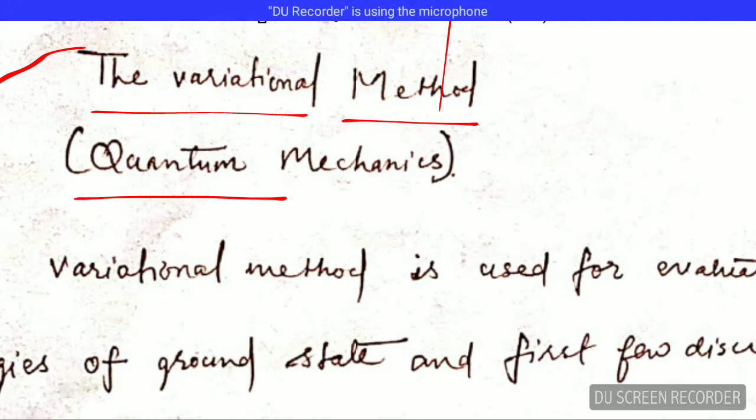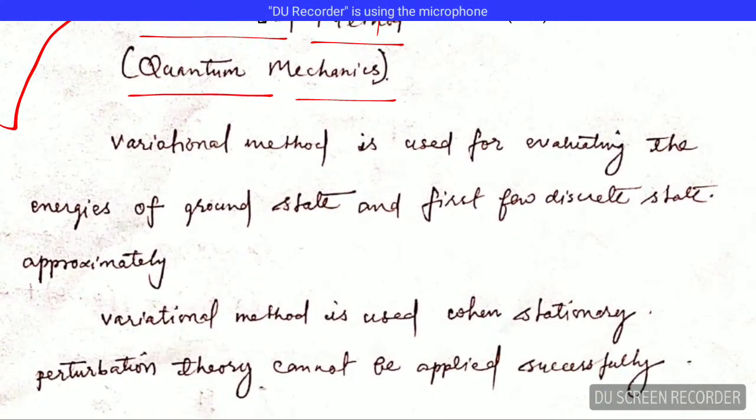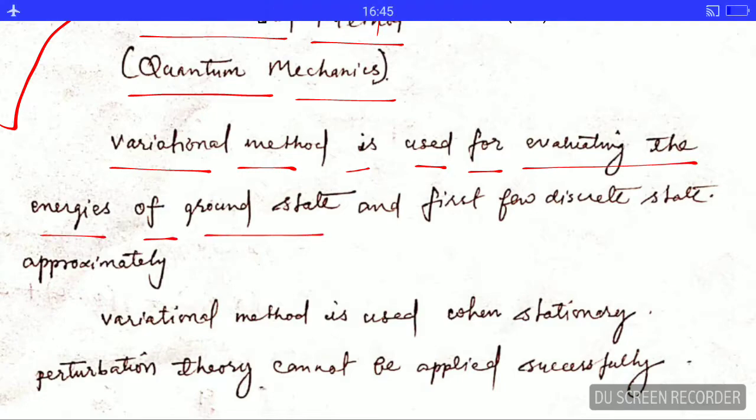The variational method is also called the variational principle in quantum mechanics. It is used for evaluating the energies of the ground state and the first few discrete energy states approximately.